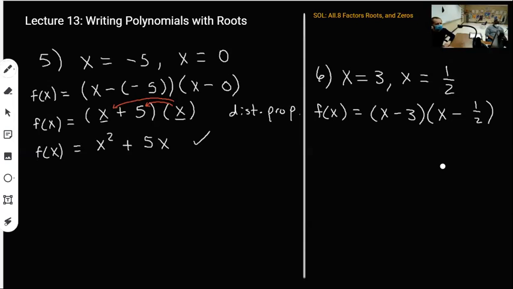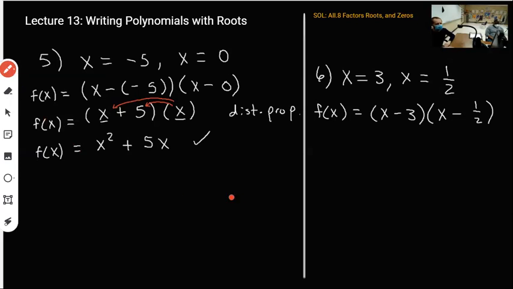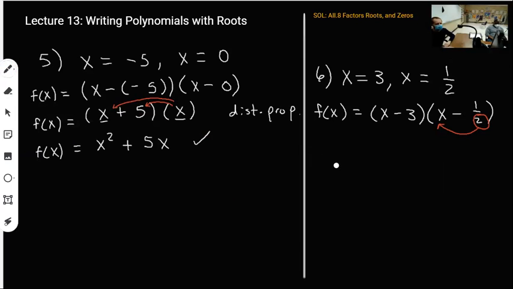Now, with one of these factors, we're going to do something very interesting. If you ever have a fraction, what you want to do is take that denominator and put it in front of the x by sliding it in front of the x. That's very important. So whenever you have a fraction like 1/2 or 1/3 or 3/4, you're going to be taking that denominator, the bottom of the fraction, and sliding it in front of the x.